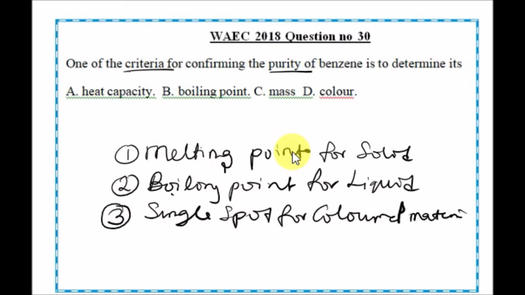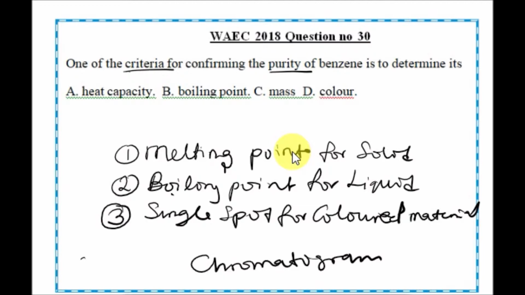So if you are checking a colored material, it has to be using a color spot, and it has to show a single spot on a paper chromatogram.